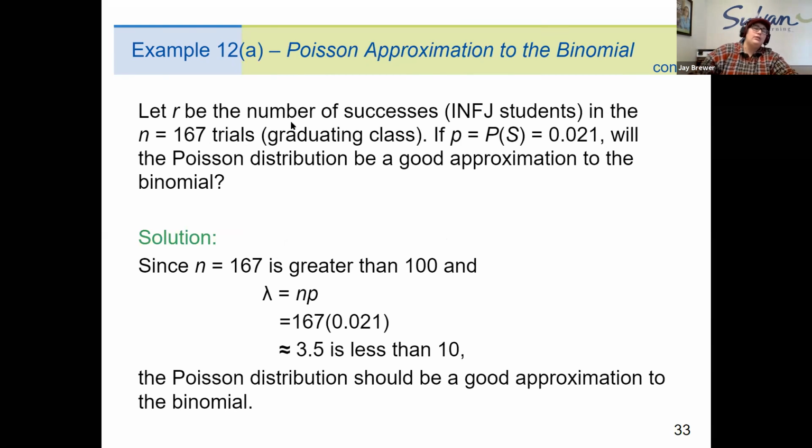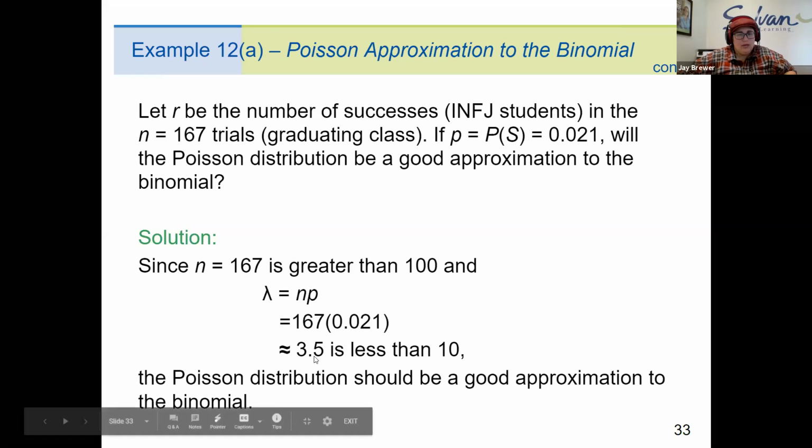So you will take n equal to 167, which is your graduating class. The probability of success is equal to 0.021, and we have to determine if Poisson is the best approach. So n, of course, is greater than 100. N times p gives us 3.5, which is less than 10.